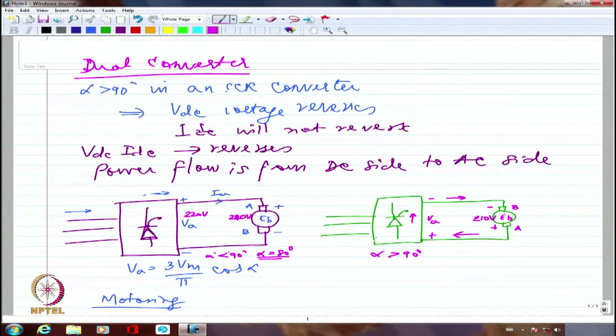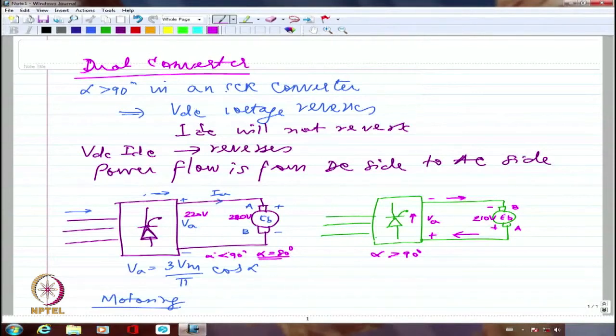So line commutated converter is a general term used for either a rectifier or an inverter, which will allow power flow from the DC side to AC side or AC side to DC side. But normally it will be made up of SCRs, thyristors, because they will require some kind of reference for firing.